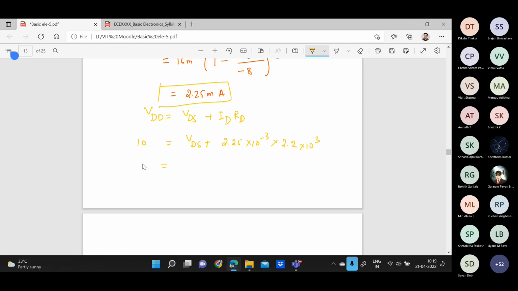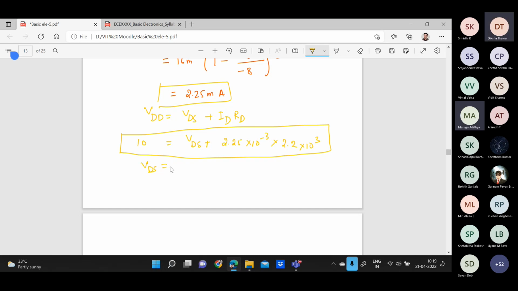Now tell me the VDS from this equation. Only a single unknown is there, so you can find out its value. It's 5.05.